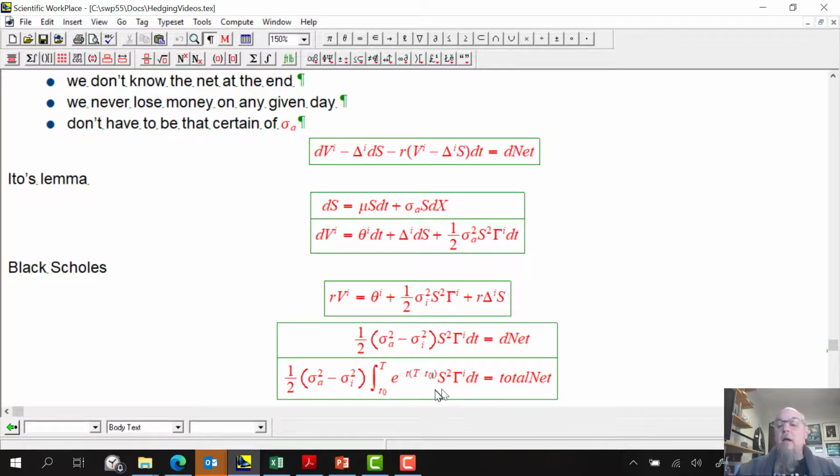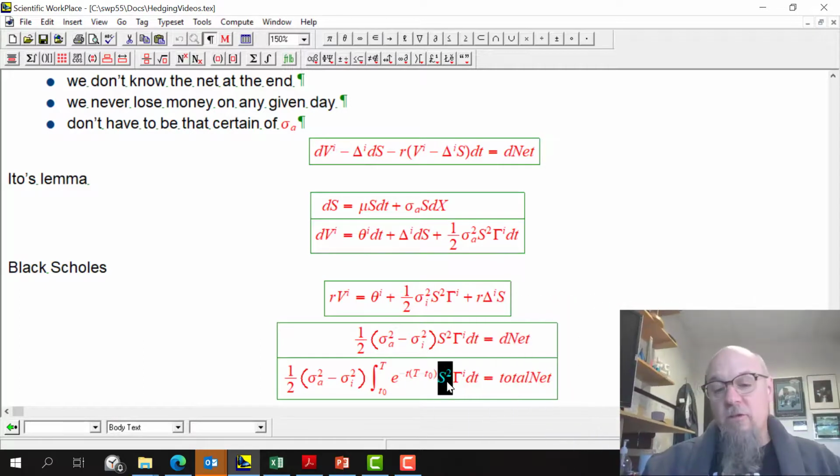The important part is that the stock changes every time as a function of time.